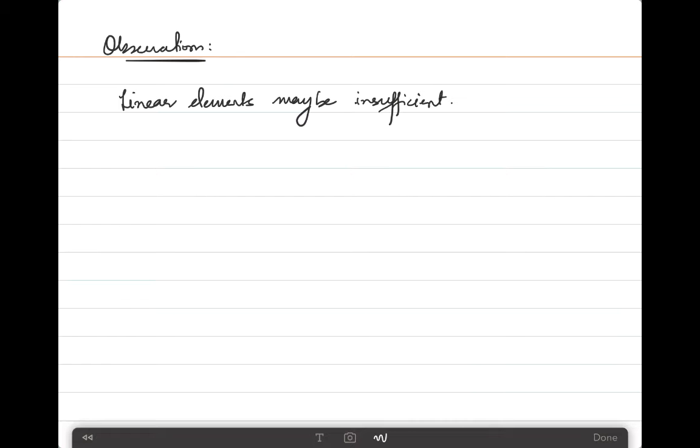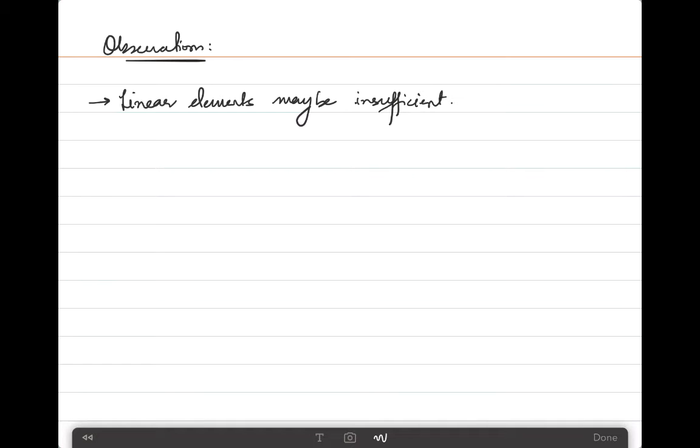Linear elements have insufficient approximation properties, which further enhance the oscillatory behavior. So it is better to most likely use higher order elements. So avoid lower order approximations.